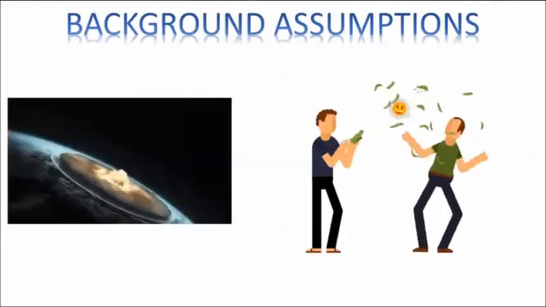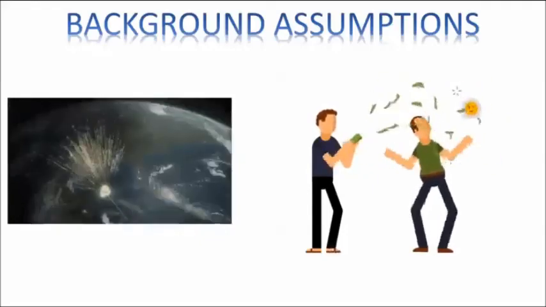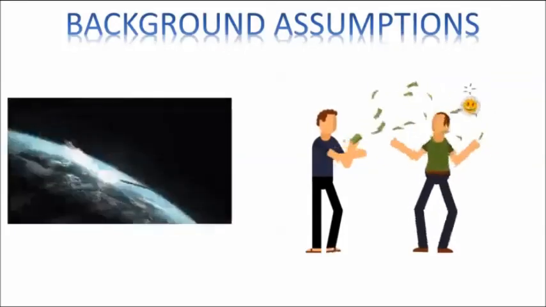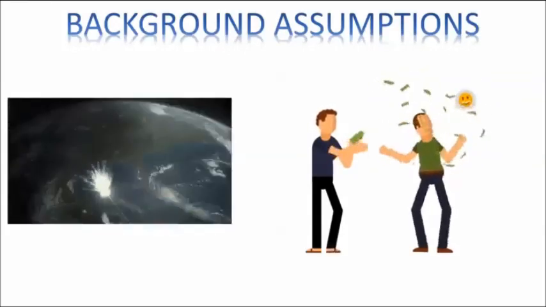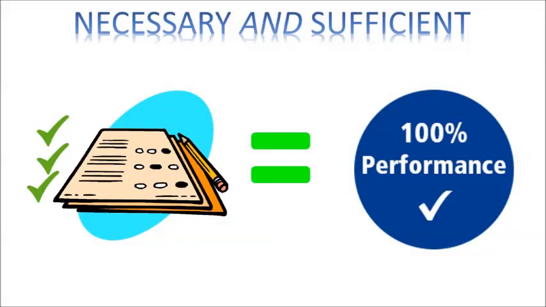Anytime that you evaluate necessary and sufficient conditions, there are surely some background assumptions that you're making. And that's just fine. So assuming some very basic background assumptions, then getting every answer right on a test is a necessary and sufficient condition for getting a perfect score on that test.